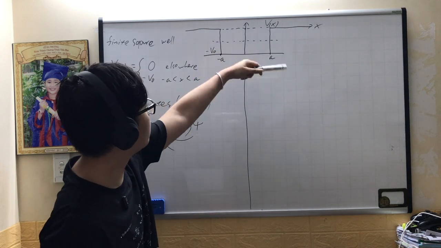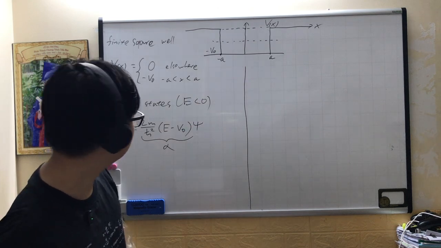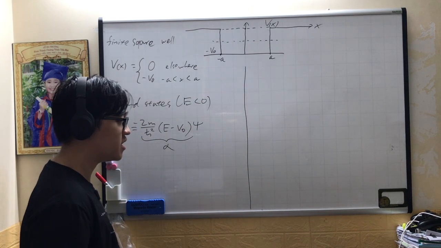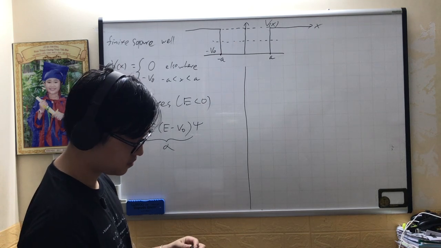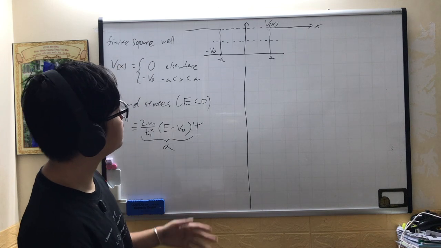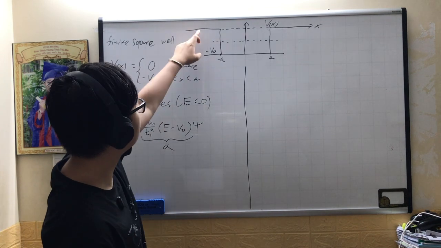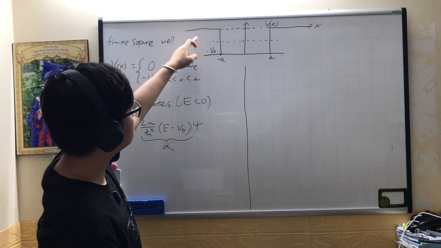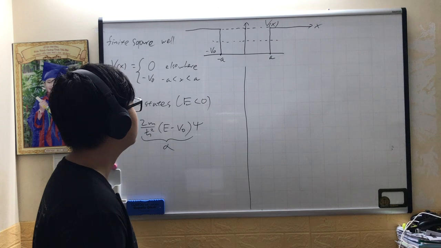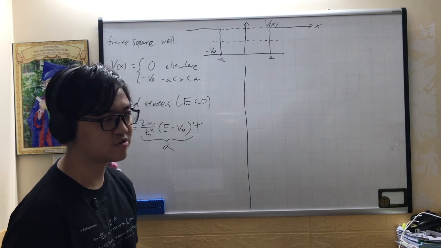The inside part would be some sort of trig function, and the outside has to be a decay. And it is different from the infinite square well, where the outside is an infinite potential. Here it is either 0 or a finite number, so it can only push down so much.